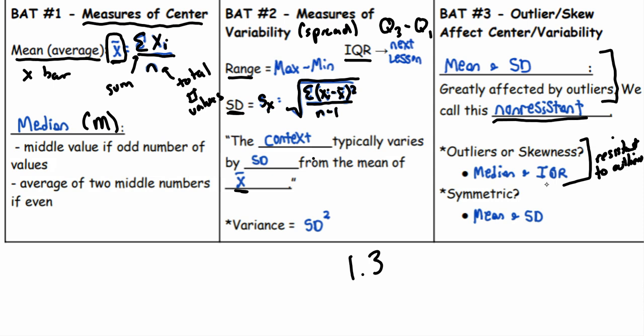And so we only use mean and standard deviation when we have symmetric distributions. So when the distribution is skewed, we use median and IQR, and when the distribution is symmetric, we use mean and standard deviation.